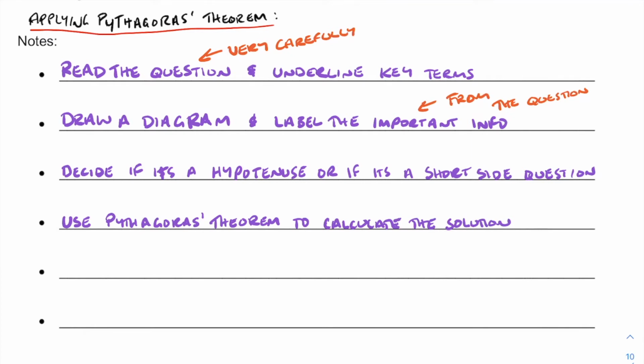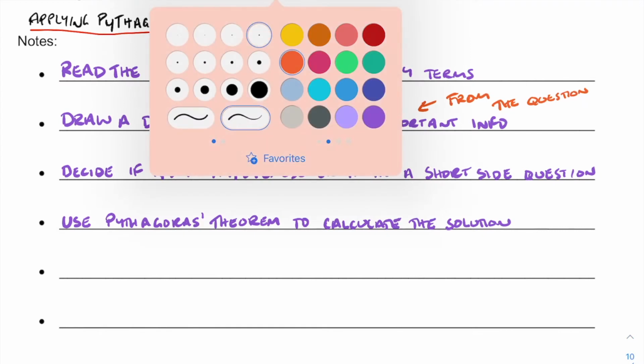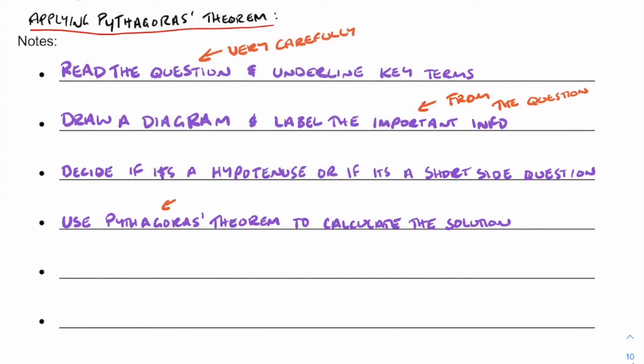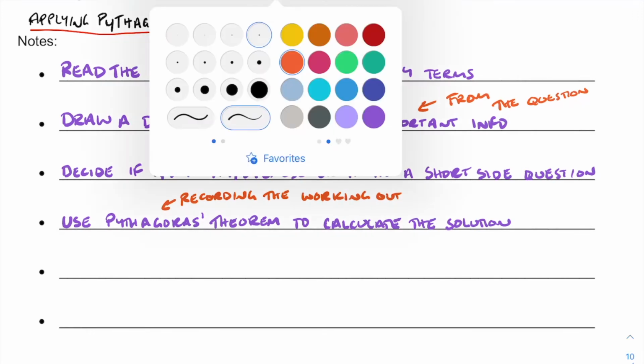Now, the other thing with this is you want to make sure that you are recording the working out. Really important that we record all that working out. That way, if our solution isn't reasonable or it's incorrect, we can go back through and see where it is that we've actually made the error.